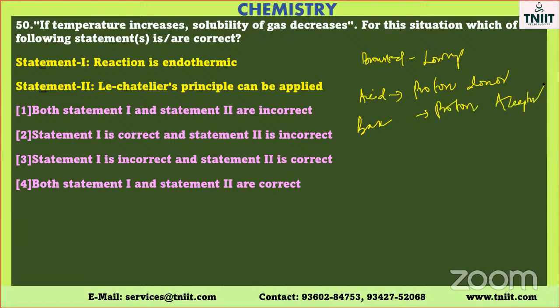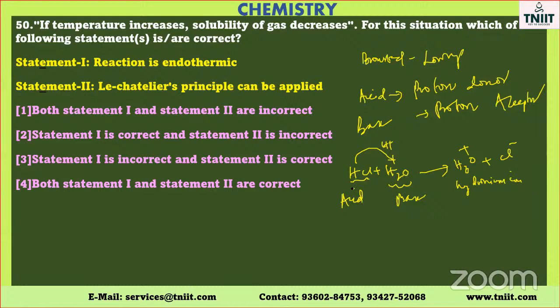For example, if we dissolve HCl in water, H plus will be donated to water. Therefore, we get H3O plus and Cl minus. This is called the hydronium ion. Since water accepts a proton from HCl, water is called a base. And HCl donates a proton, therefore HCl is called an acid.